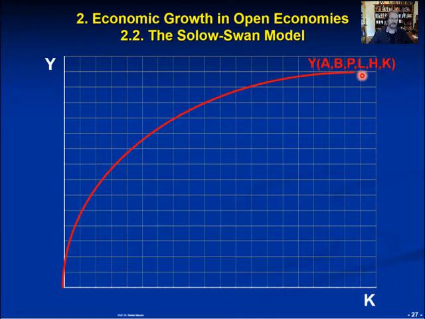Uppercase letter L represents physical labor, workers. Uppercase letter H represents the human capital of workers. This is their knowledge and their skills. And K is the variable we measure here on the x-axis, the capital stock of an economy.